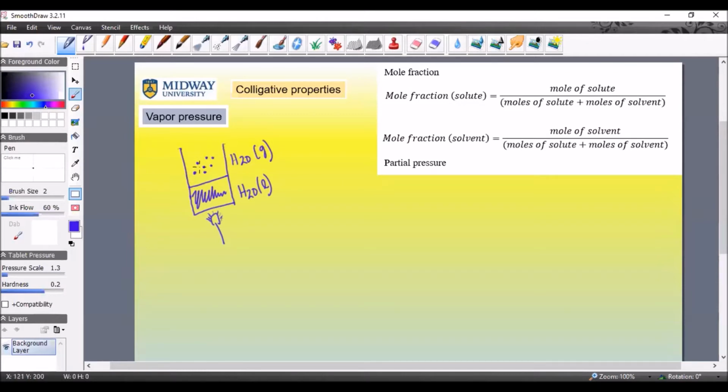These dots are all water molecules that are in the vapor phase. Each of these will collide with themselves and also with the walls of the container, leading to a pressure.